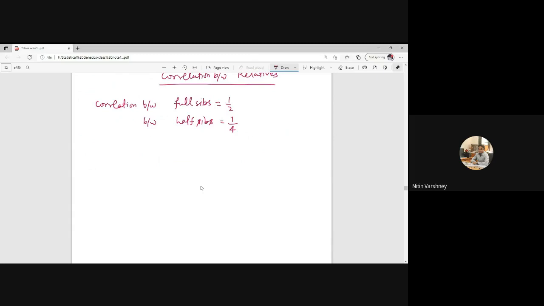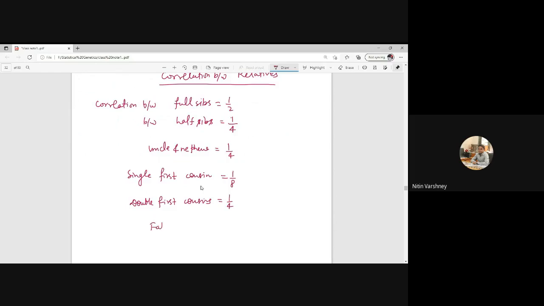Full sibs, the correlation is half; half sibs, 1/4; between uncle and nephew, 1/4; between single first cousins, 1/8; between double first cousins, 1/4.